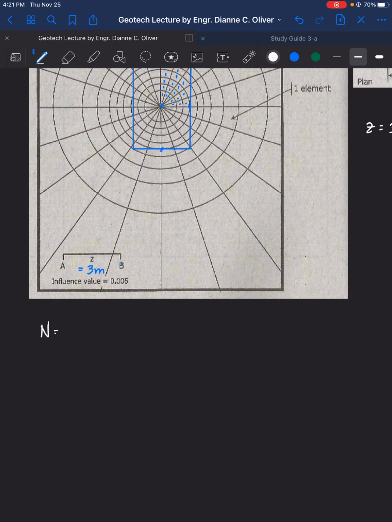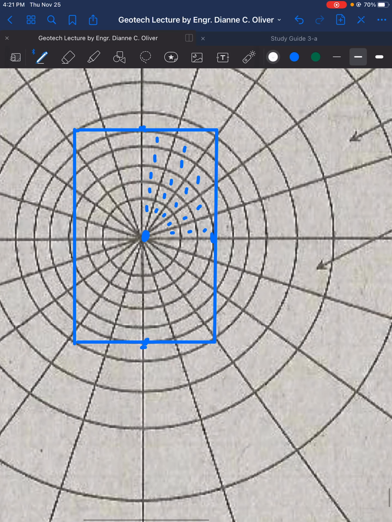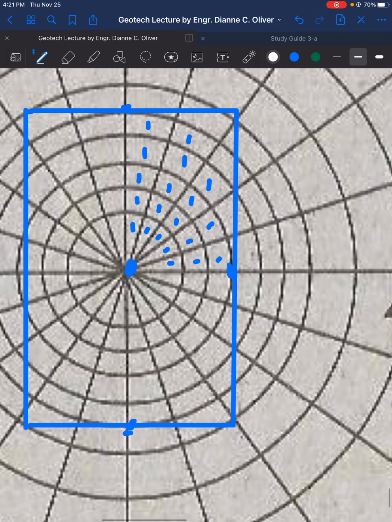So I will now write here 20 whole elements. Then I will now take the few fractions. Here, you can observe this is a fraction only of this entire element.